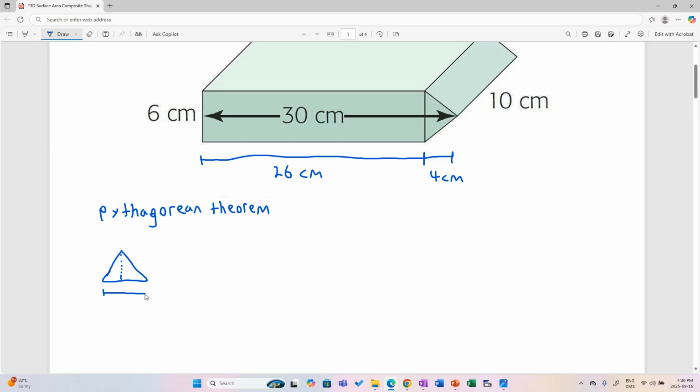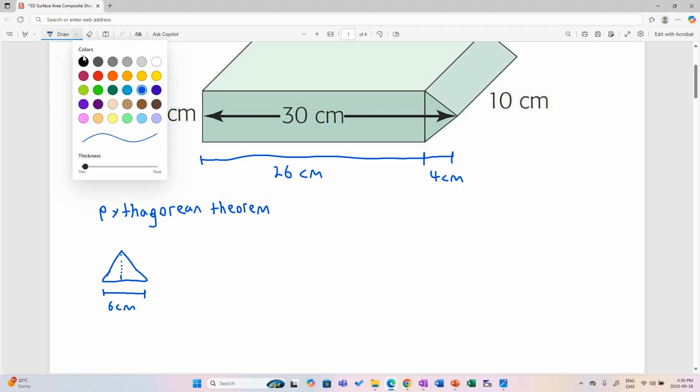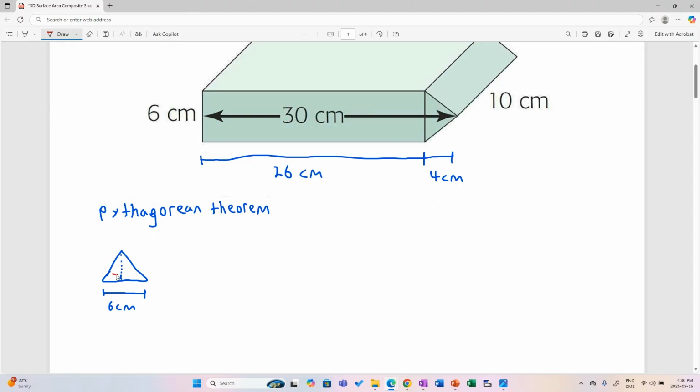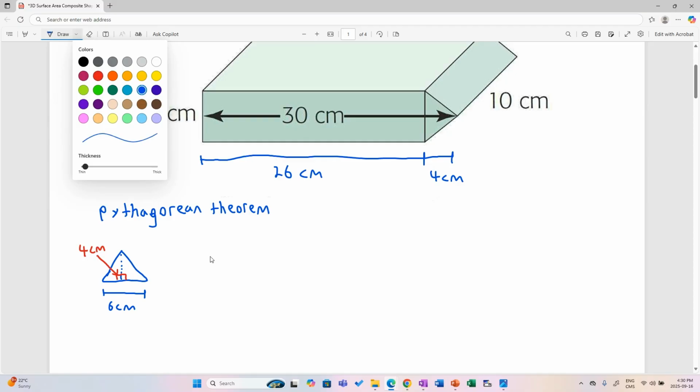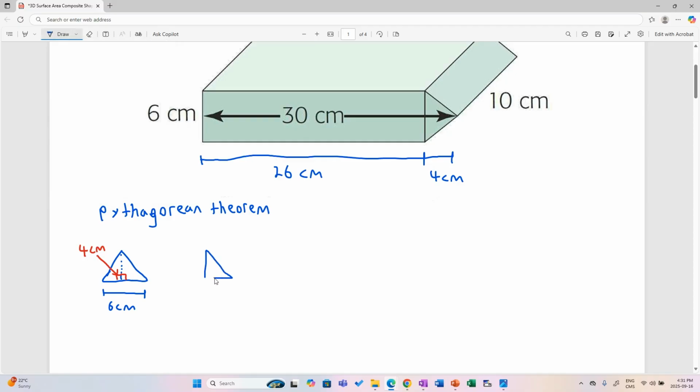But the entire thing here is 6 centimeters, and the height is going to be 4 centimeters. So imagine this is half of a triangle. Here you can see there's a right angle here and here. So imagine if I just drew half of that triangle. Half of 6 will now be 3 centimeters, and this height here doesn't change, it's still 4 centimeters. Now I have a right angle here and I have an unknown side here. We're just going to call this side C, okay?